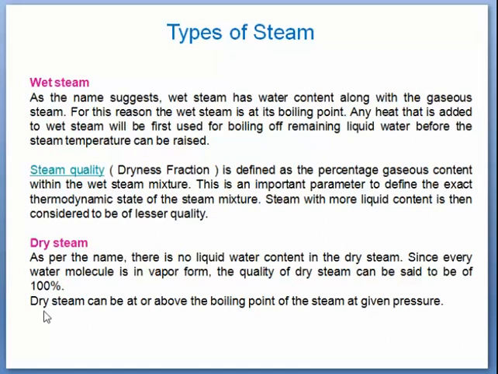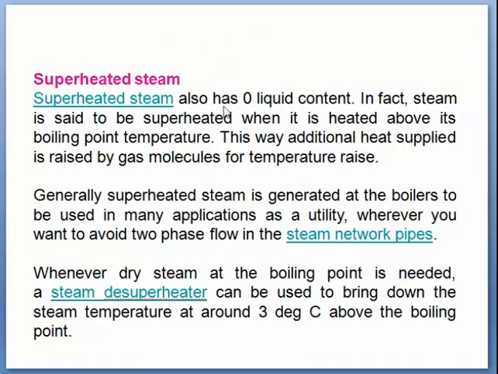And if the temperature of dry steam is more than the saturation temperature, that will be categorized as superheated steam. So superheated steam also has zero liquid content and it has more enthalpy.